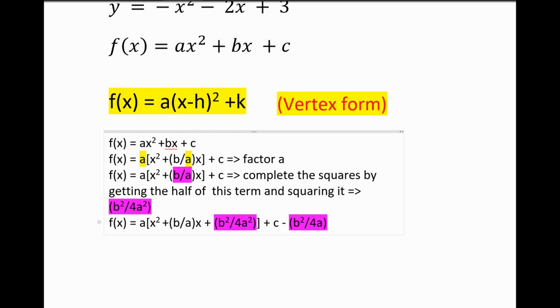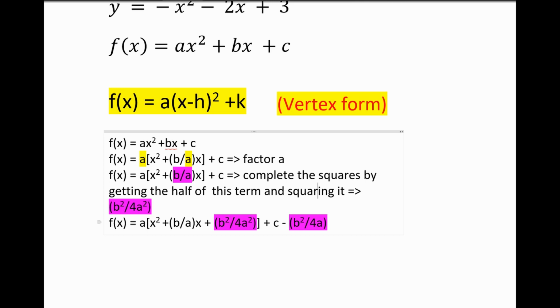If you add this one inside this particular formula, we can see here that what we really added is b squared all over 4a squared multiplied by a, which is b squared all over 4a.